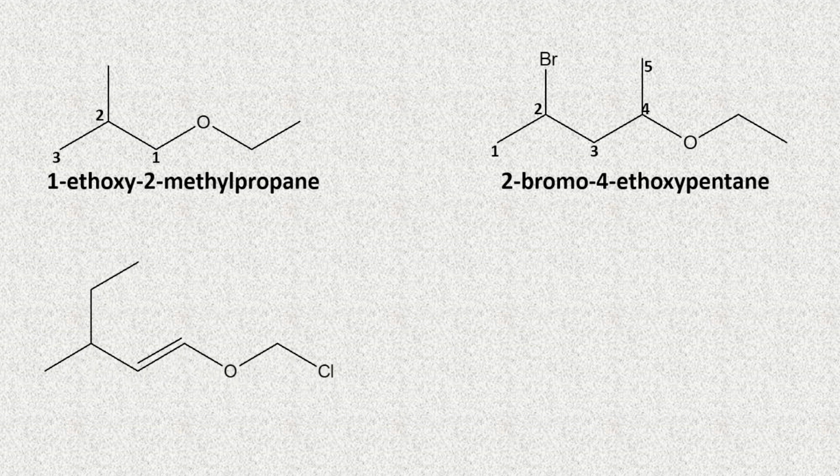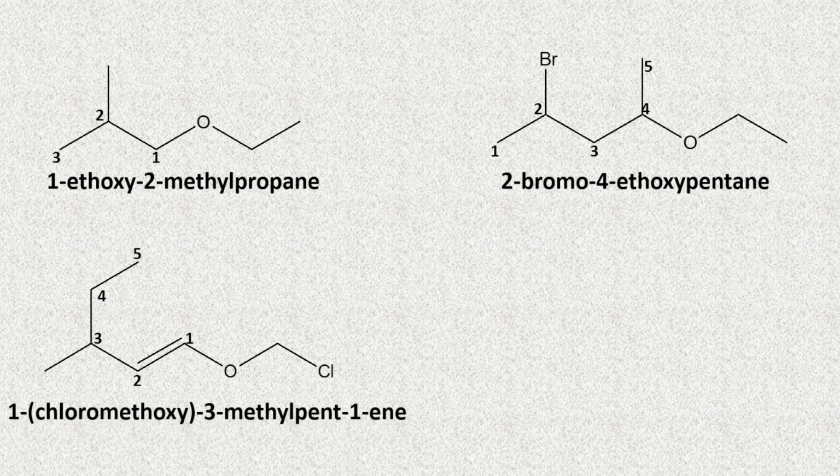In the third compound, the longest possible chain has 5 carbons. Using the least sum rule, the numbering must be carried out from the right end to give the doubly bonded carbon atom and the methyl substituent locants of 1 and 3 respectively. Moreover, there is a chlorine attached to the methoxy group.